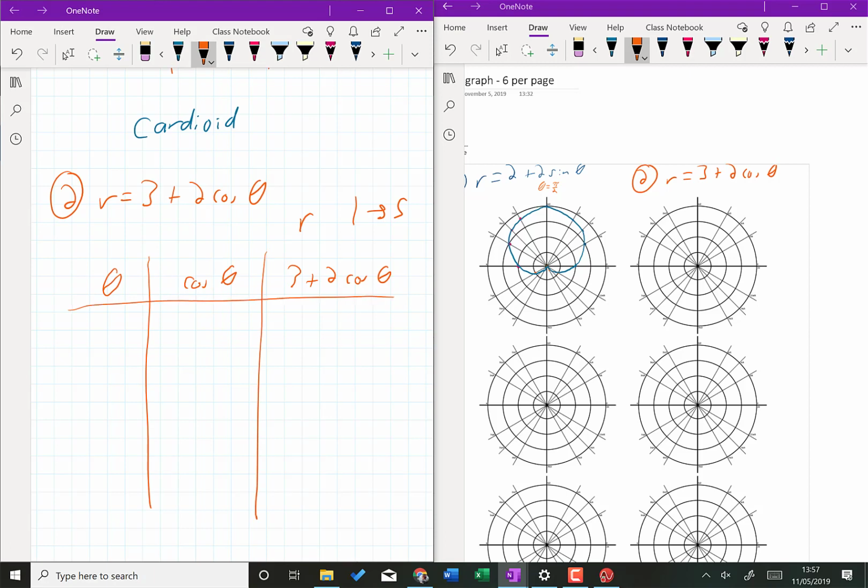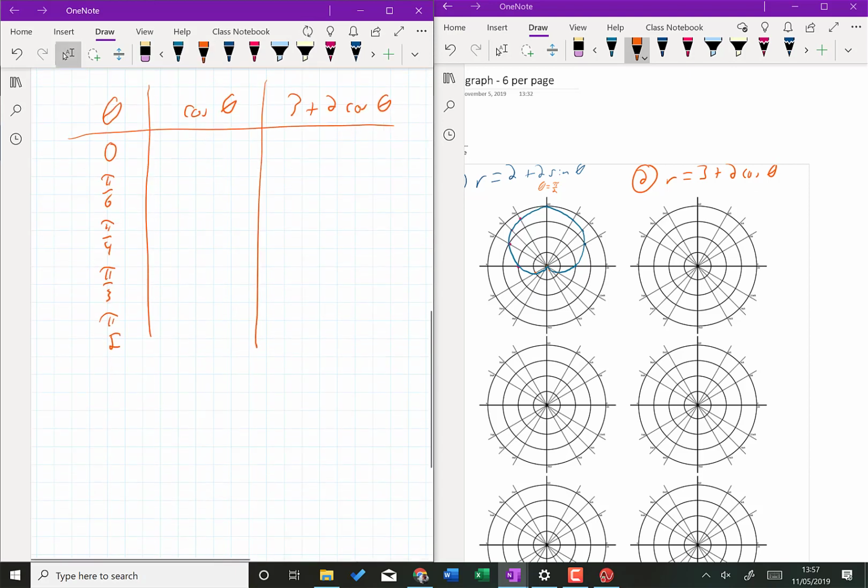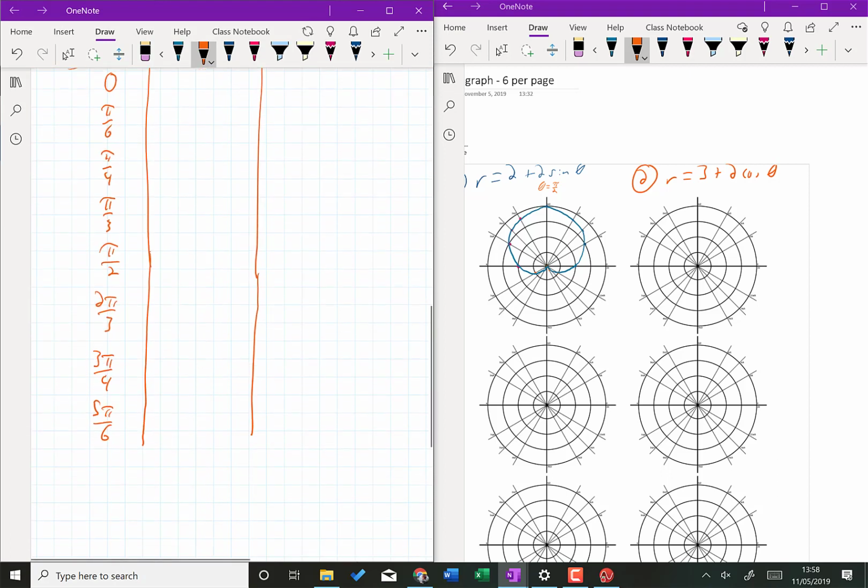Let's put down our values. 0, pi over 6, pi over 4, pi over 3, pi over 2. Cosine is positive in quadrant 1, but cosine is negative in quadrant 2. So I'm going to keep these values going for another quadrant until I get to pi. 2 pi over 3, 3 pi over 4, 5 pi over 6, and pi.